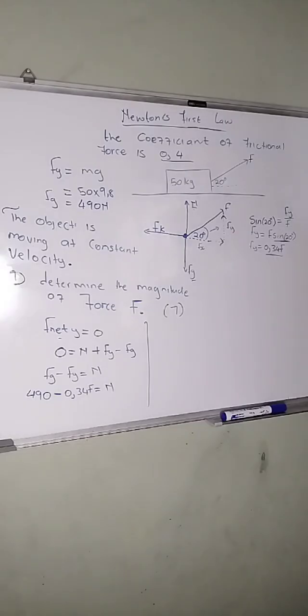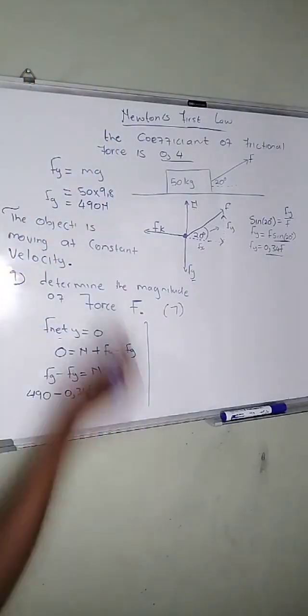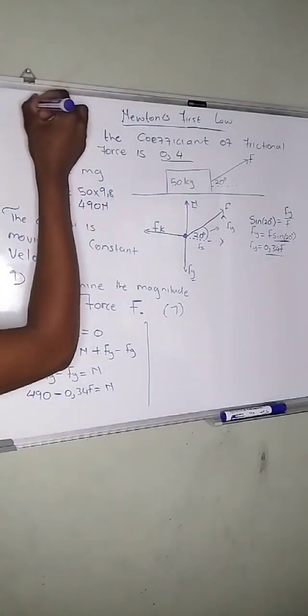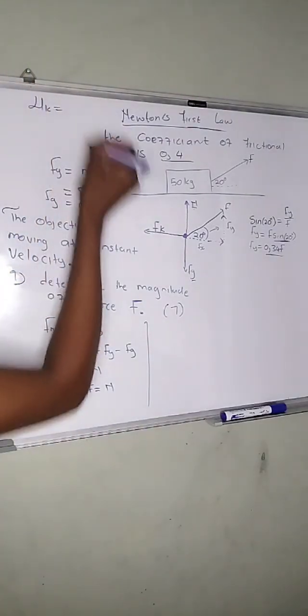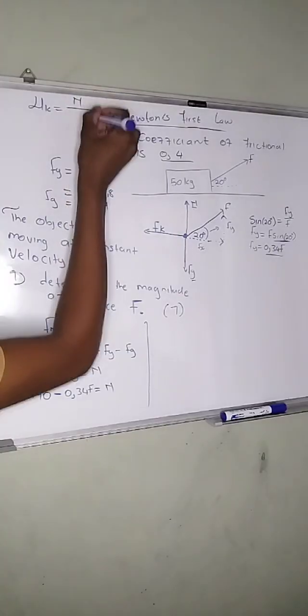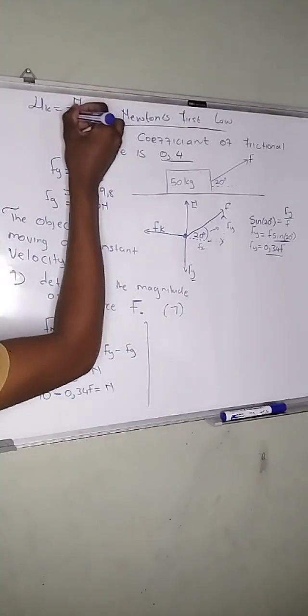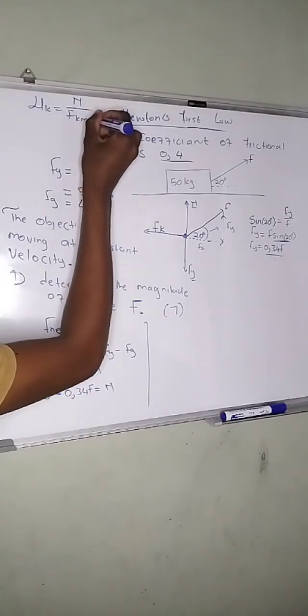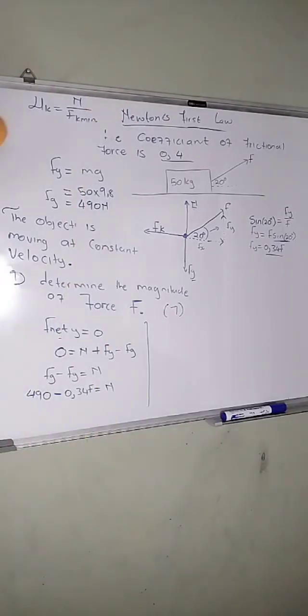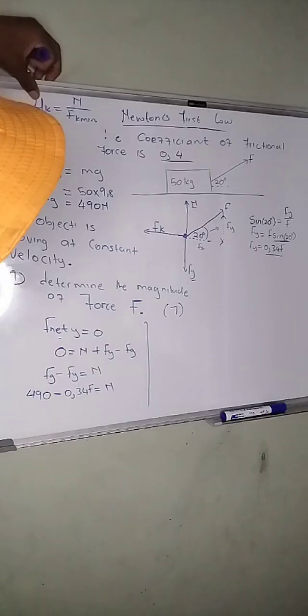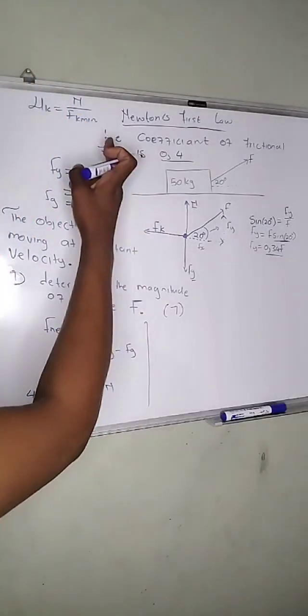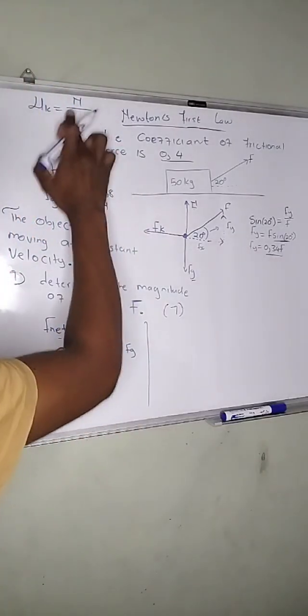Because the coefficient of kinetic friction is going to be Fk minimum divided by the normal. You get it?